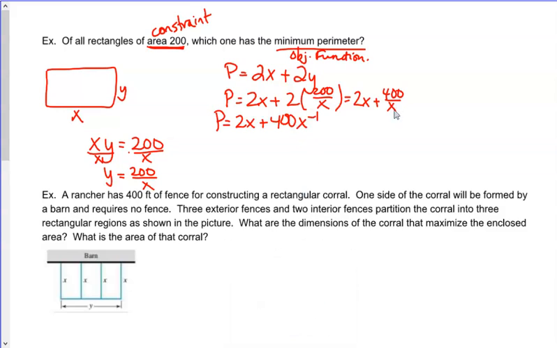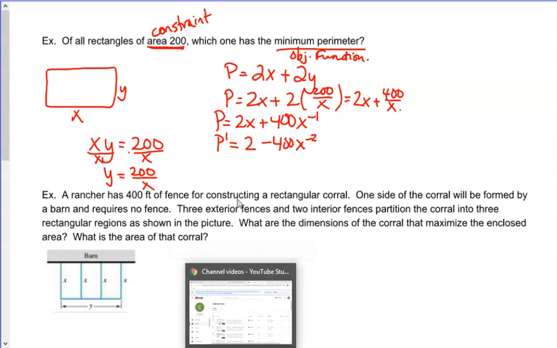I'm going to bring this letter up to the top so I can use the power rule on it. All right, very good. So let's now take a derivative. The derivative of this function is going to be 2, and then bring the negative out front, gives me a negative 400 x to the minus 2.